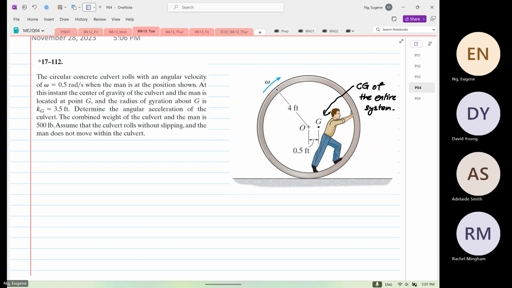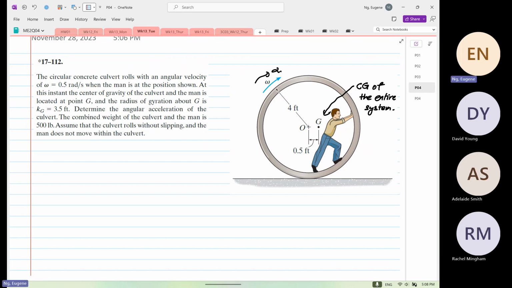The radius at point G is 3.5 feet. Determine the angular acceleration of the culvert. Okay, so we have to determine our alpha.